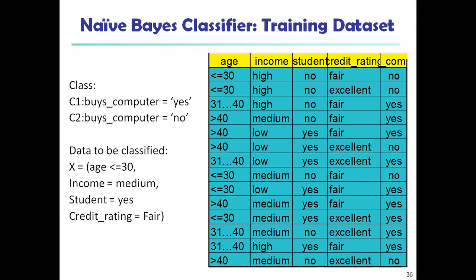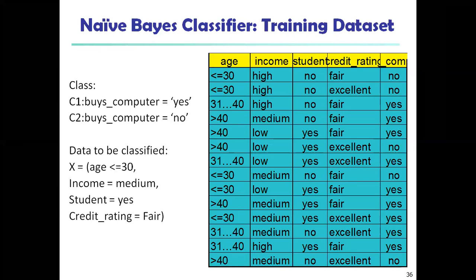Now you have to count how many people are less than 30. Totally five are there. Income is medium: only two people are there. For students, yes or no, how many students are there?